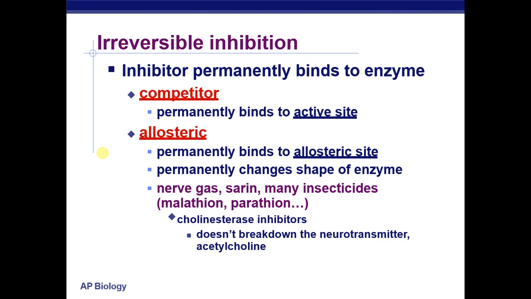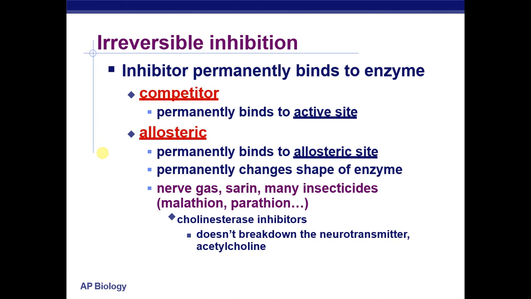There are some competitive and non-competitive or allosteric inhibitors that we call irreversible, which means they permanently bind, either in the competitive inhibitor's case to the active site or in a non-competitive inhibitor to the allosteric site, and there's a permanent shutdown of that enzyme, right? Permanent conformational change. There's no way that enzyme can ever overcome that inhibitor.